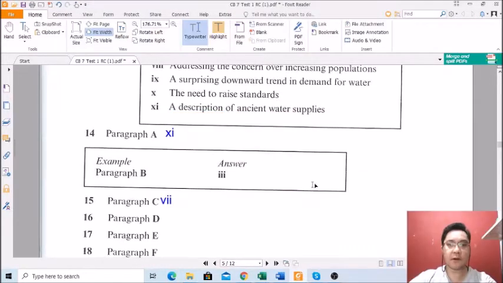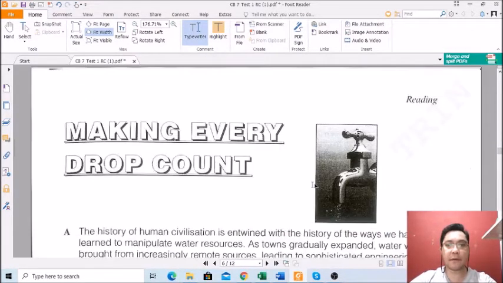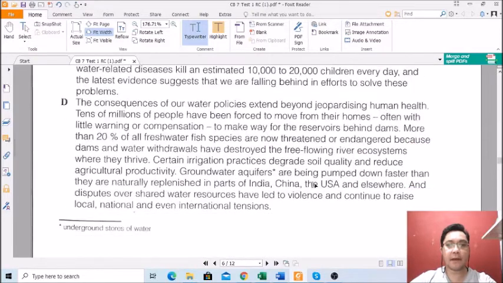Okay. Now we come to part D. You go to paragraph D now, and I will give you time to understand paragraph D. I want you to underline the important words as well.